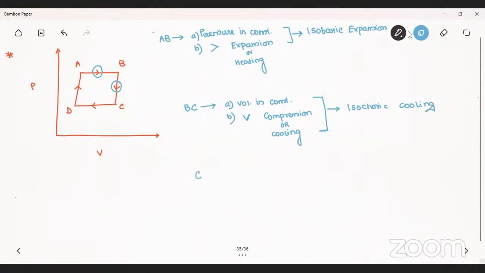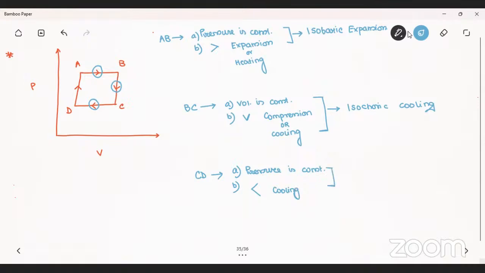Now CD. CD, you tell me. Parallel to volume, so pressure will be constant. Pressure is constant. And what happens? Arrow is like this, so arrow like this means cooling.